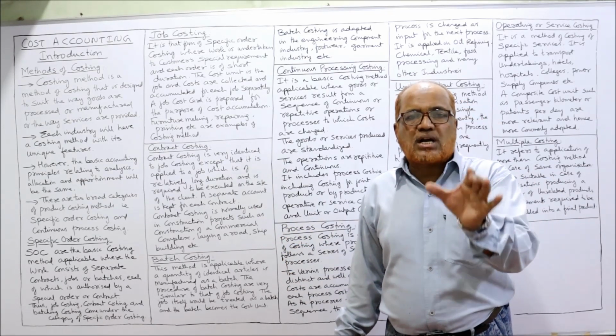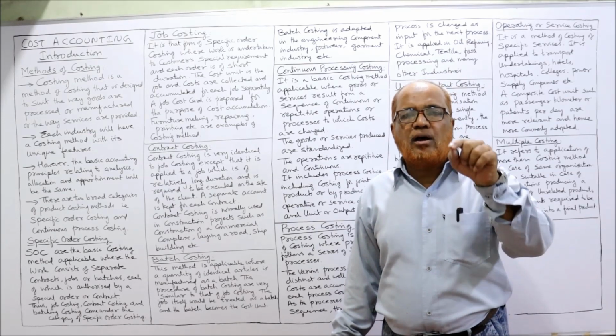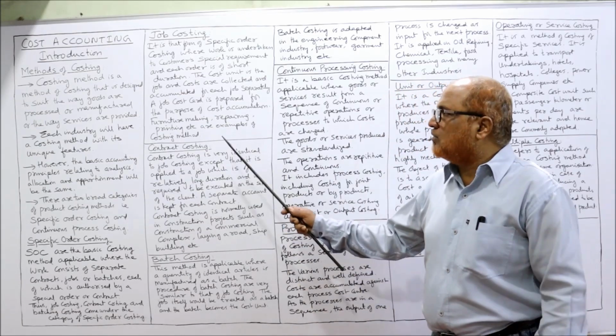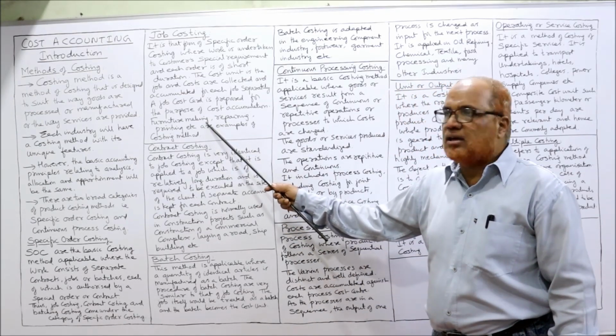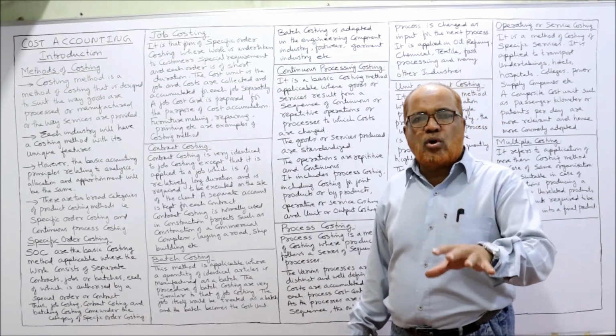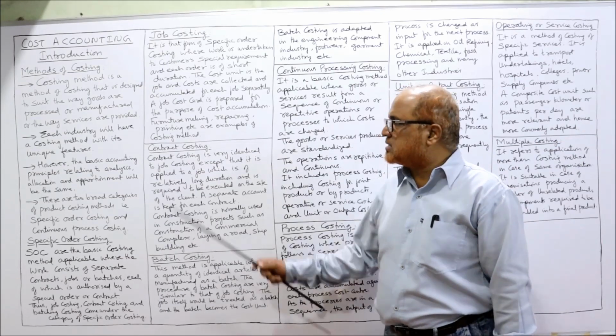A job cost card is prepared to write down the cost incurred on a particular job. Examples of industries where job costing is applied are furniture making or repairing, printing, etc. In these cases, mostly the job is done according to the order of the customer.